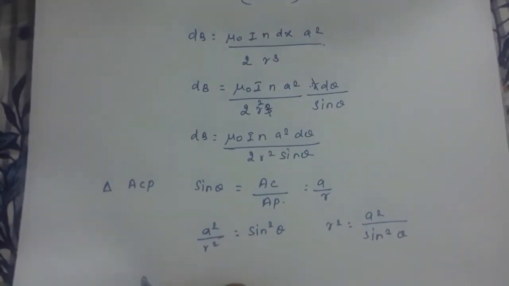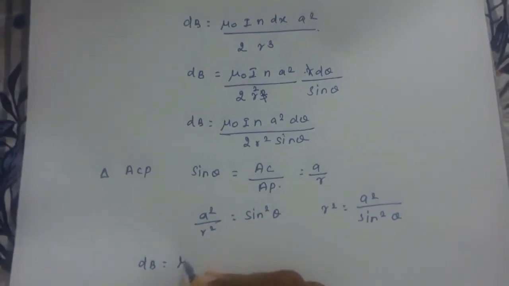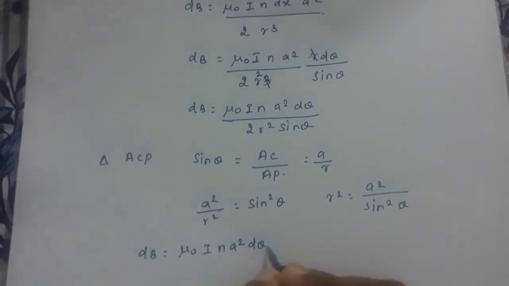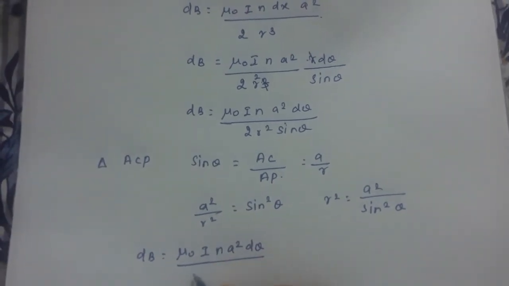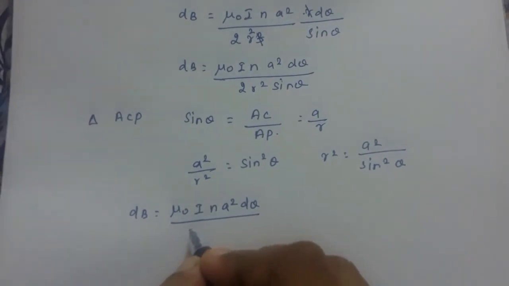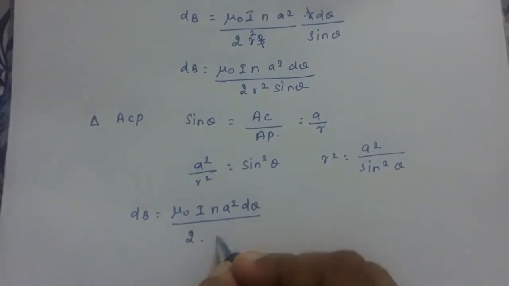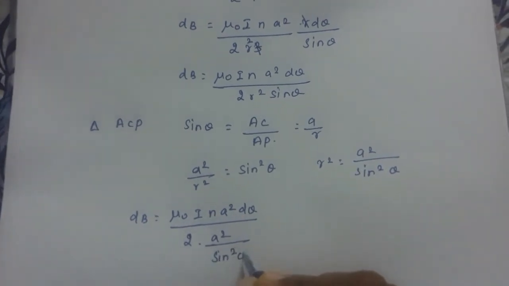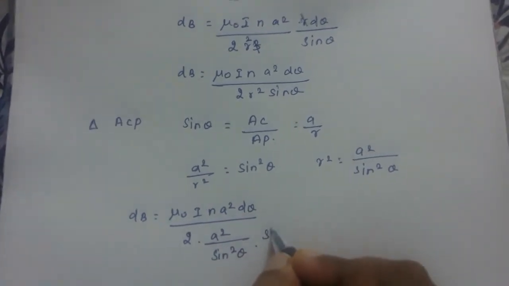Substituting here, dB is equal to mu 0 I n a square d theta by 2 into a square by sin square theta into sin theta.